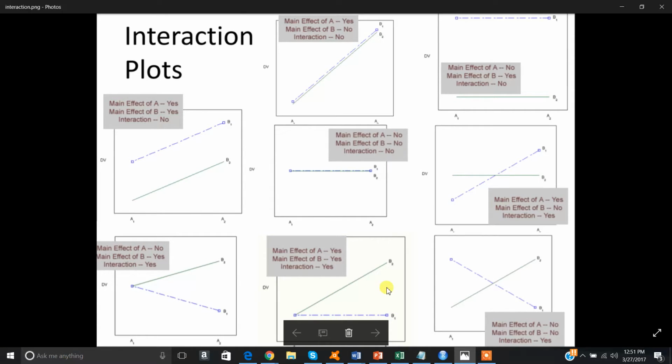Since you have that difference in the means, you have an effect of A. The same holds true for B. You go from a mean here to basically the same plot, so there's also an effect of B. If you can find something like this, it helps you understand a little better if you can visualize the actual plots.